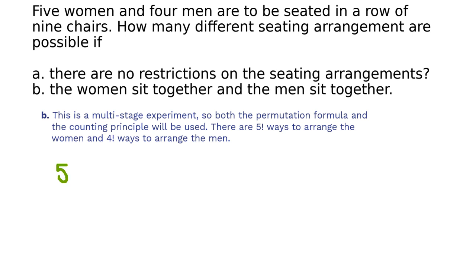Because there's 5 women, we're picking 5. And then for the men, we have 4 men, so that's 4 factorial. And there's 2 ways that we can do this, right? So this is the women, this is a woman here, and then this is the men.